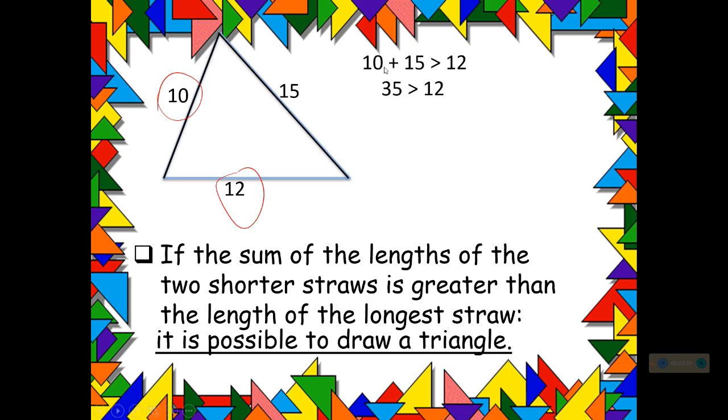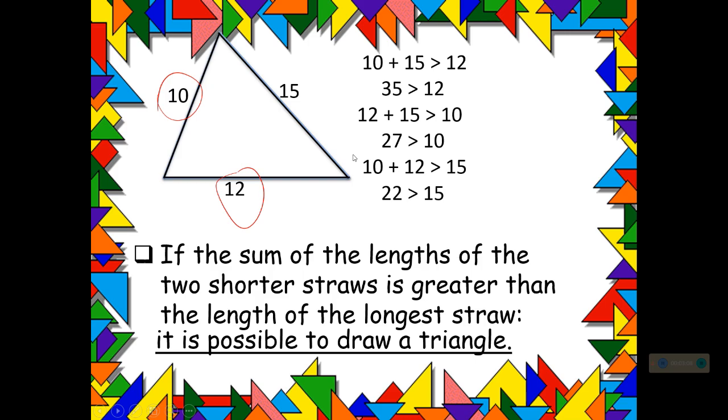To prove it, we have here 10 plus 15 is 25, which is greater than 12. Another one is 12 plus 15 is greater than 10, because it is 27. And the last is 10 plus 12 is greater than 15, because it is 22. So 22 is greater than 15. Again, if that is the case, it is possible to draw a triangle.